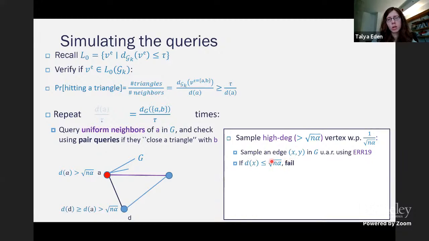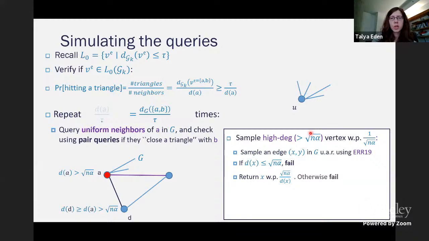If the degree of the first vertex is smaller than square root of n alpha, I just fail. Otherwise, I return x with probability square root of n alpha over dx. This is just some rejection sampling. And if the rejection sampling failed, I just return fail.